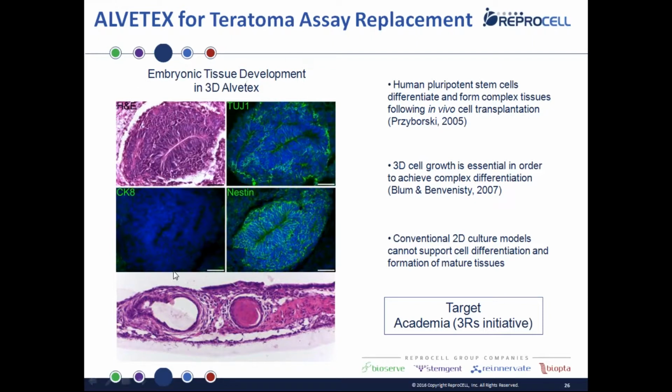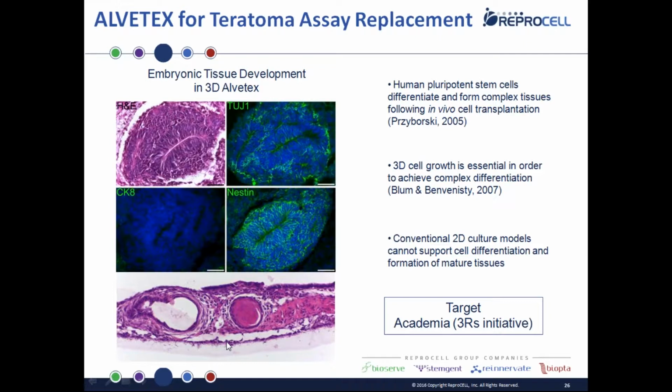Now, what we can do with Alvetex is work with aggregates, so those cells are grown in vitro on a low adherence petri dish or on a hanging drop system. And then you put them on Alvetex. Here you can see the Alvetex, and you can see that's 200 micron. That gives you an idea of how big that structure is.